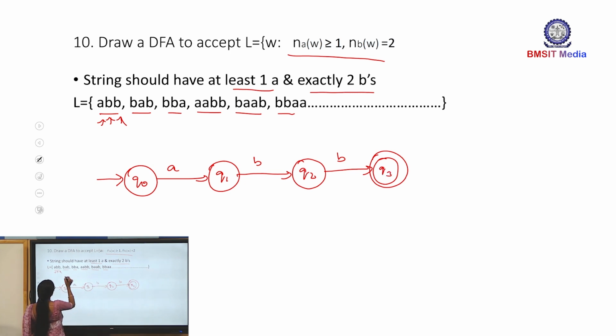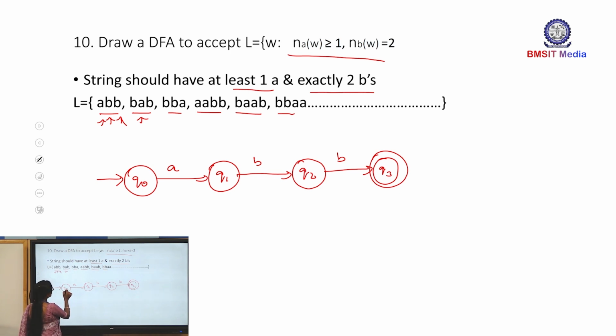Now, the next condition is that I should also have strings that have BAB. We know that this is not yet a valid DFA, since in a DFA every state should have one transition per input symbol.